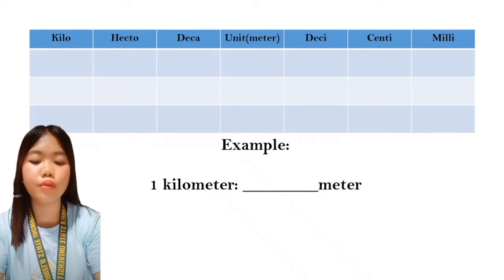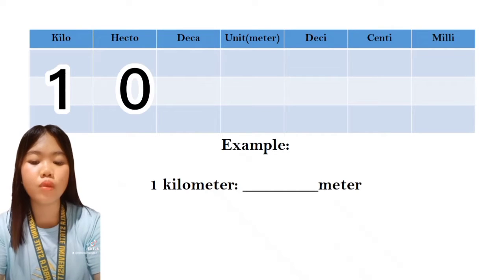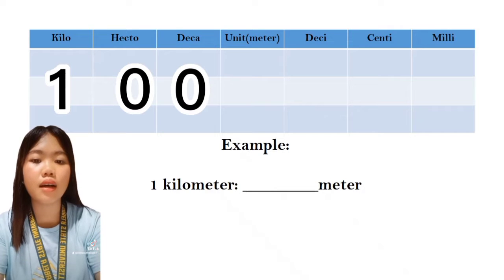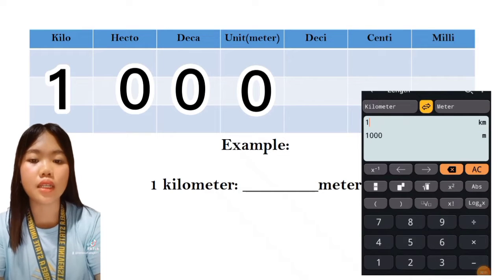So we put 1 on the kilometer, and on the next units we put 0 until we reach the meter unit. So we put 0 on hecto, another on deca, and lastly on the unit meter, to get the final answer, which is 1,000 meters.